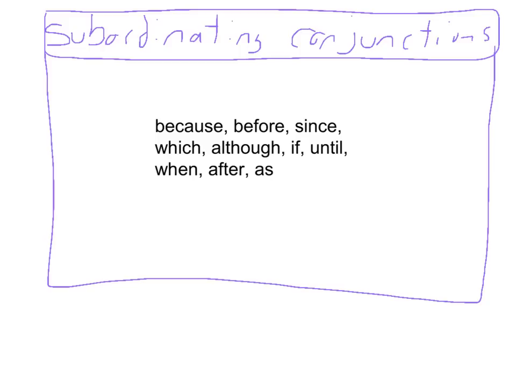The words that we can use as subordinating conjunctions are because, before, since, which, although, if, until, when, after, as. Pause if you need to.